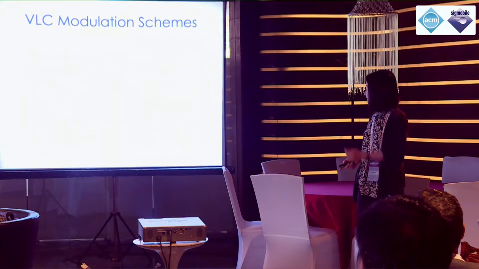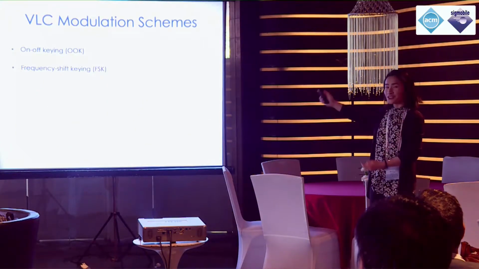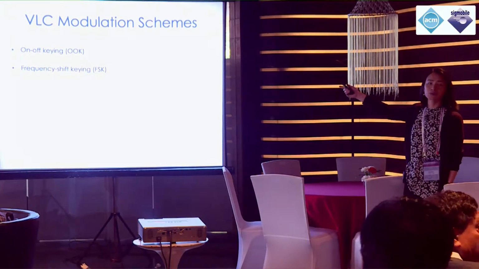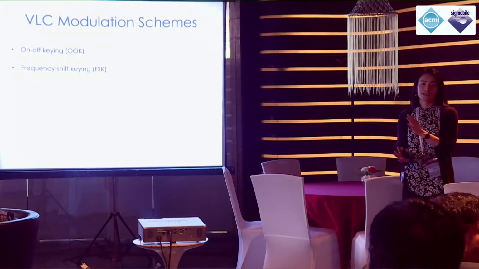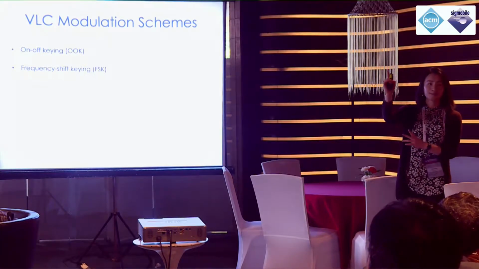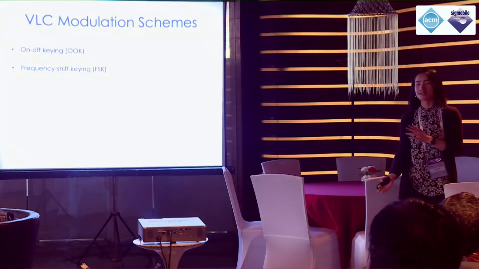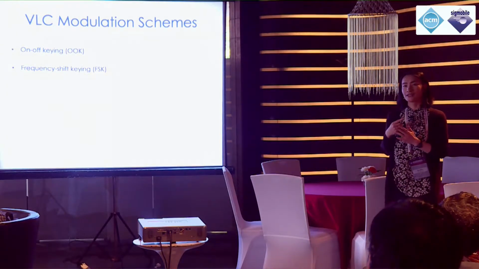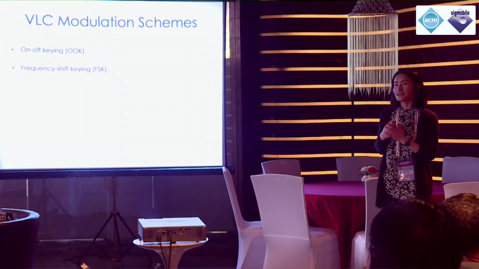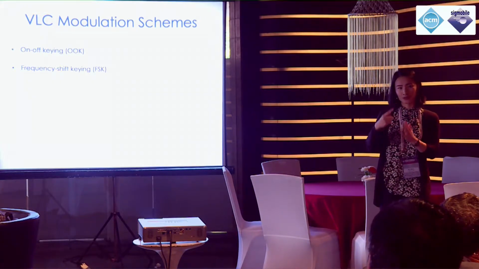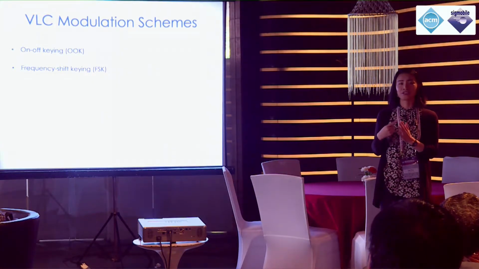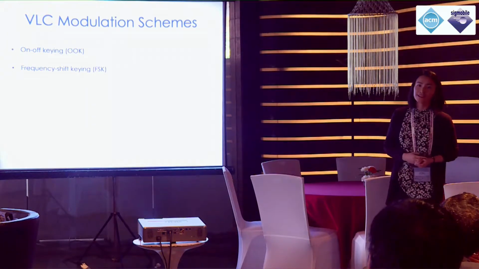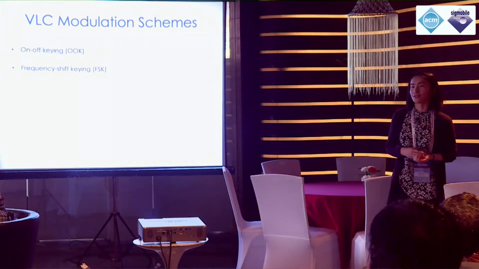For the communication, there are a lot of modulation schemes proposed in the literature, from the simplest one of on-off keying, meaning if the light is on, that's 1, if it's off, that's 0, to frequency shift keying, meaning you can encode the bits into the frequency of the switch of the light. Like if you change the light 1,000 times a second, that's 1, 2,000 times a second, that's 0, for instance.